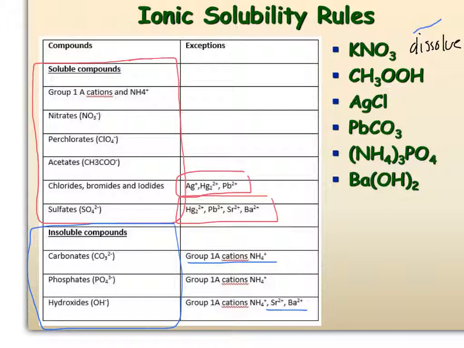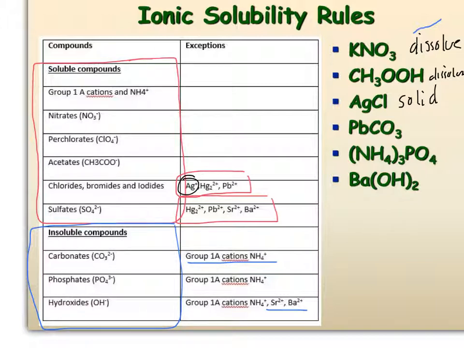So again, 2 reasons. Acetate always dissolves, and hydrogen falls into group 1A, so that's always going to dissolve. Silver chloride. So if we look at our list, I find chlorides, those always dissolve, except for the fact that silver is one of those exceptions. So that would be a solid.